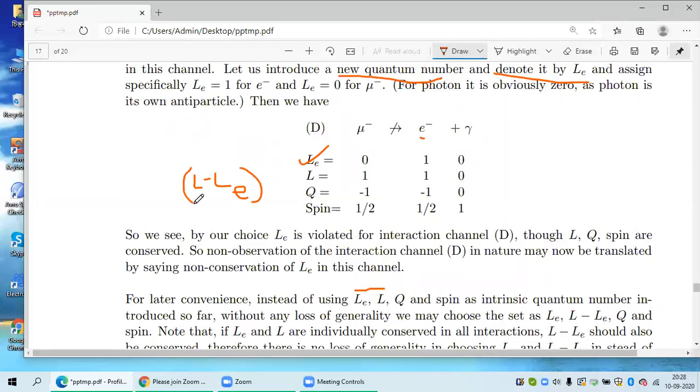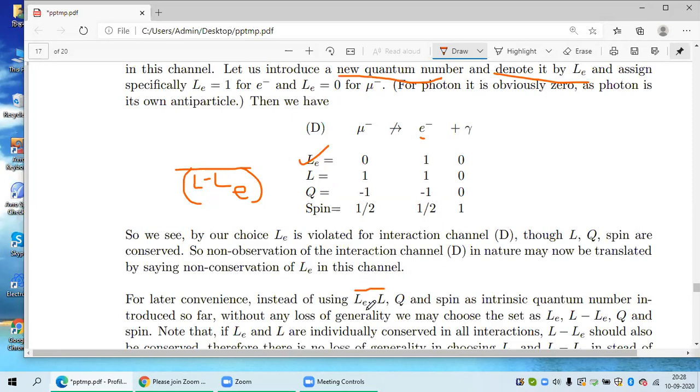This choice will not break anything, because if L is conserved in all the reactions and LE is conserved in all the reactions, L minus LE should also be conserved. The only thing is that this is dependent on these two terms, LE and L.